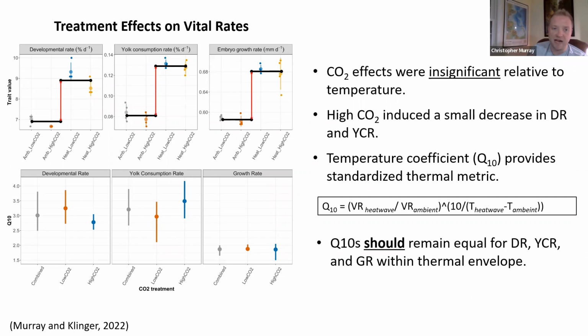One of the complicating factors of this experiment is that I was evaluating these different rates during different time frames, so the specific temperatures that were being manipulated over the different time frames were slightly different. So they're not actually comparable one-to-one. But standardizing them by Q10 allows me to get a much clearer look at what the effect of temperature was on these different rates.